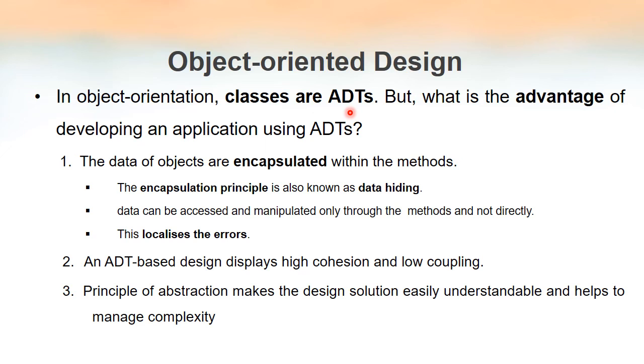The concept known as classes provides all these three features. It provides data abstraction, it acts as a data structure, and it can be used as a data type. Hence we can say that class is an abstract data type. So since object oriented design makes use of classes, we get all these three advantages. I hope it's clear to you.